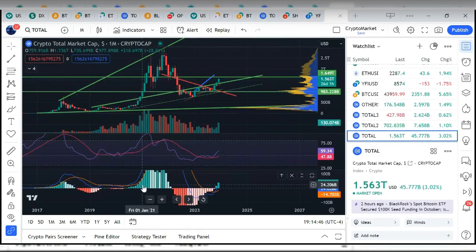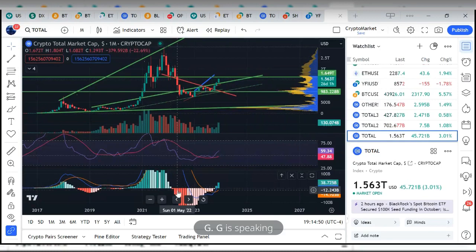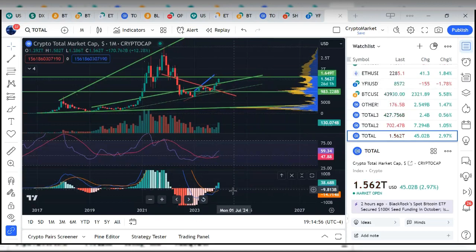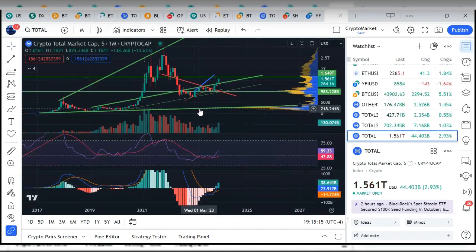When it's green, green, green, anytime the green starts to get light green, that means money is leaving the market. When it gets red, that means we're in a bear market. If you notice here right now, we start with two solid green candles and we also have a bullish cross, because the blue line crossed over the red line. Whenever the blue line crosses over the red line, we get a whole lot of bullish momentum coming up.